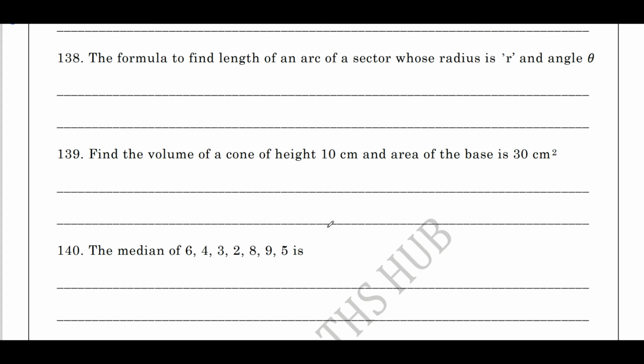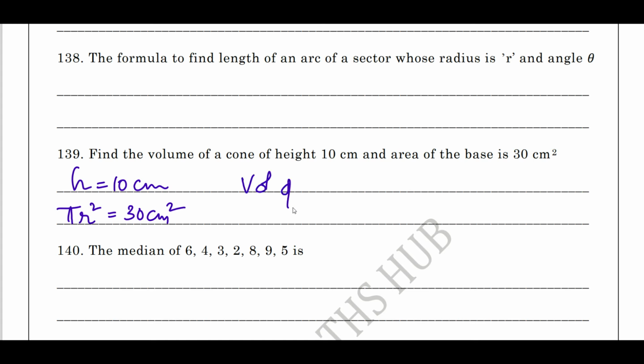Find the volume of cone of height what? Given height equals 10 centimeter and the area of base, pi r square, is what? 30 centimeter square.